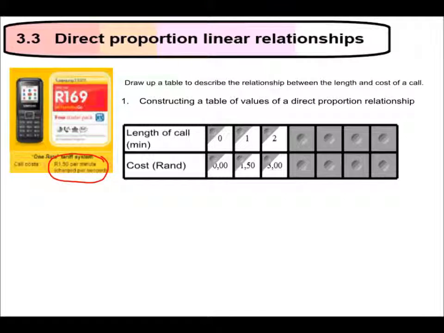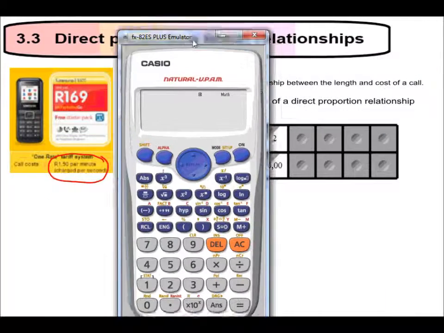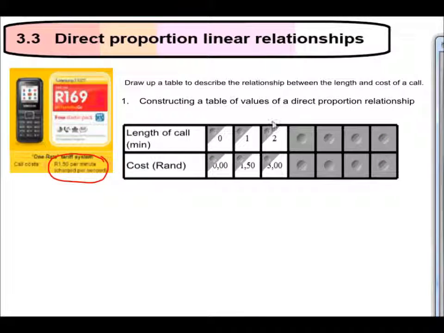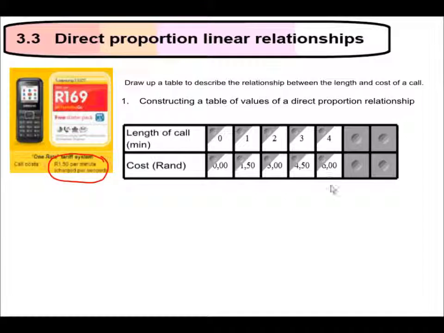If we do 4 calls, so just using your calculator, 4 calls times 1 Rand 50 will give us 6 Rand. So 3 calls will be 4 Rand 50, 4 calls will be 6 Rand, 5 calls will be 7 Rand 50, 6 calls will be 9 Rand, and so on.